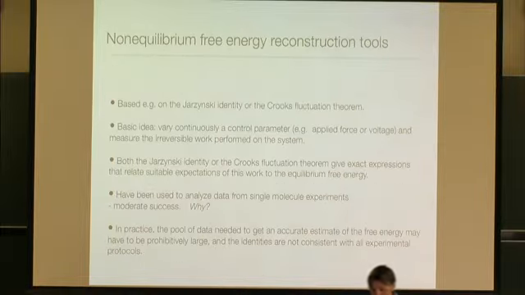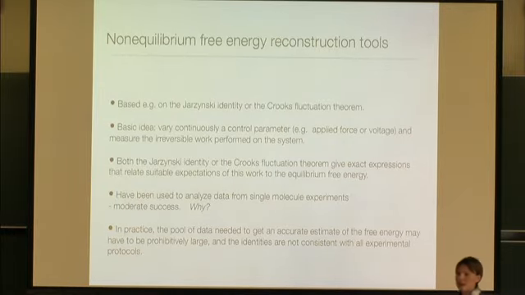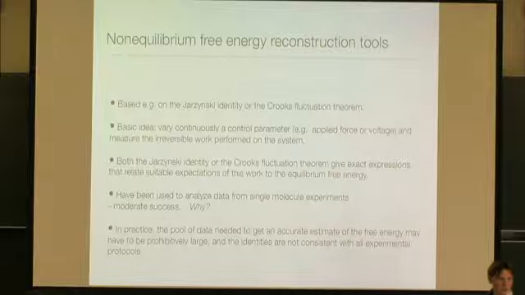So what people typically do is pull at constant velocity instead of at constant force, so that you're doing continuous work on the system, and then you can use the Jarzynski or the Crooks theorem to relate the irreversible work, which you can measure, to the free energy of the system. The nice part about the Jarzynski identity and the Crooks fluctuation theorem is that there are exact expressions for this irreversible work and its relation to the free energy.